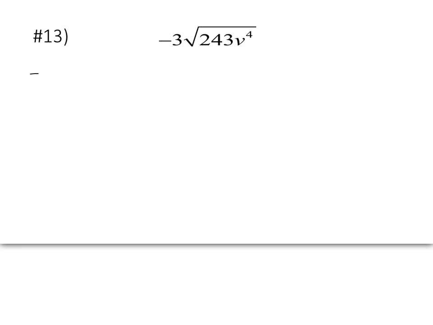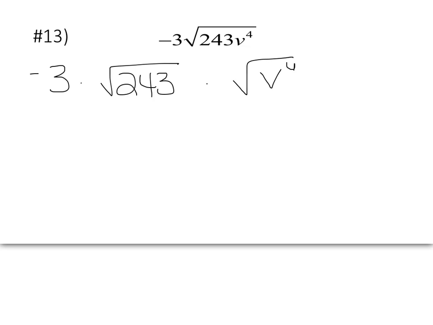Okay, so here you've got negative 3 times the square root of 243 times the square root of v to the 4th. So let's do 243 first. Let's find the factors of 243.